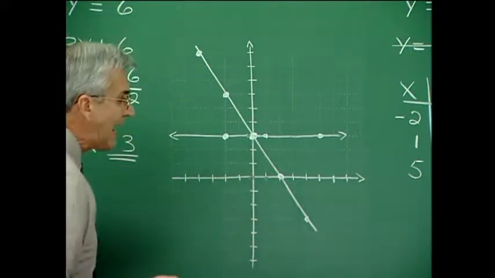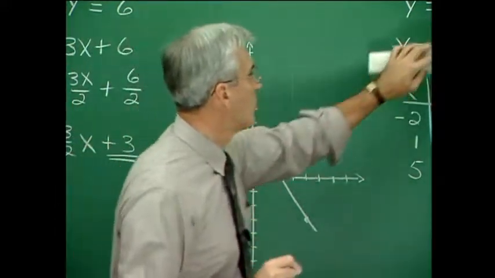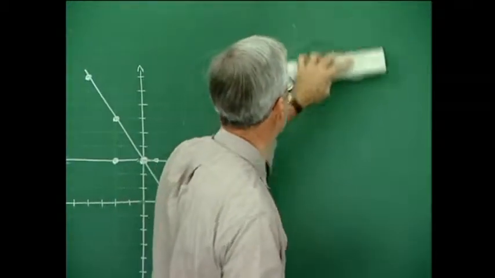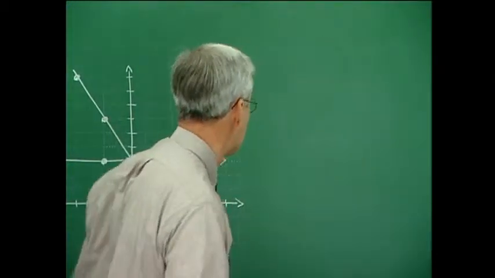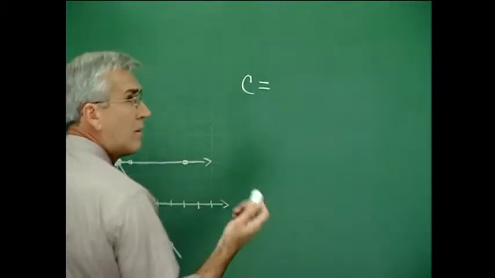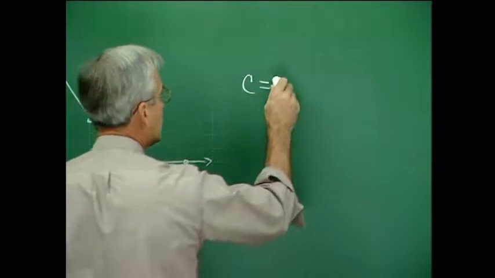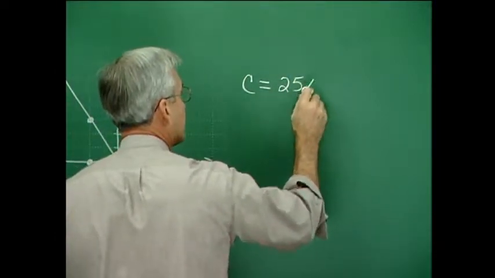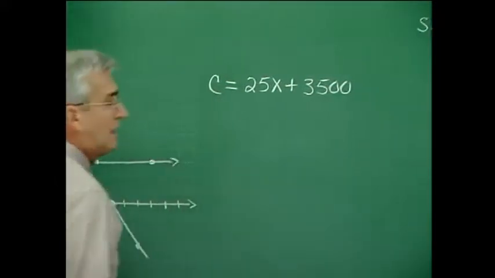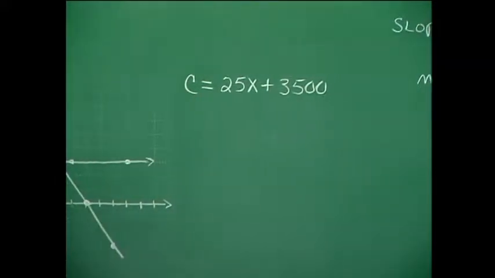All right, with that idea, we can make an interpretation in real-life problems and equations like this. Suppose we have a cost equation for some product, and that cost equation is 25x plus 3,500. Let's interpret this in a couple of ways.